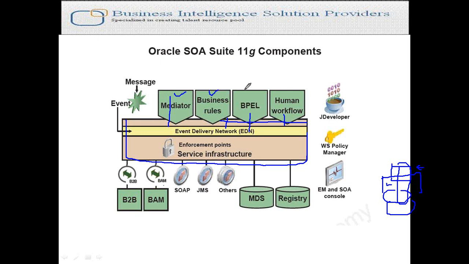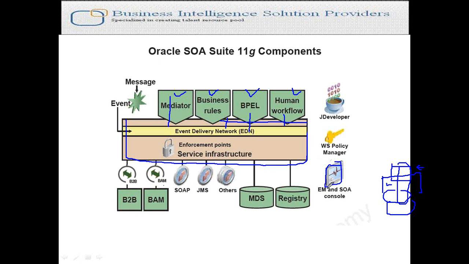human workflows. Then to monitor it, obviously you need something to monitor the health of the system, where you want to know, hey, how many servers are up? Is anything down? Is human workflow down? Is BPEL down? Or I want to do some type of patching and all that.